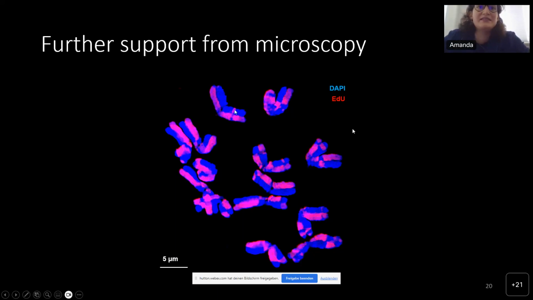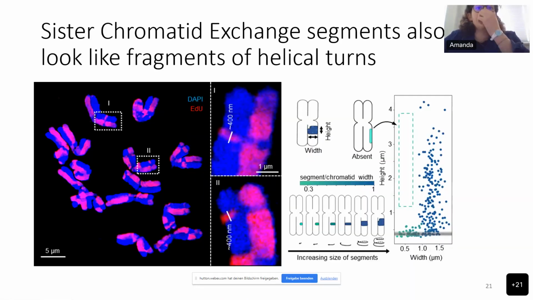And we can see that there is this exchange between the sister chromatids that shows as a Harlequin pattern. And these segments of sister chromatid exchange also look like fragments of helical turns. So we decided to quantify them.